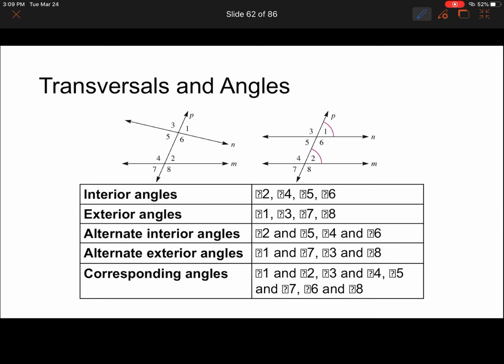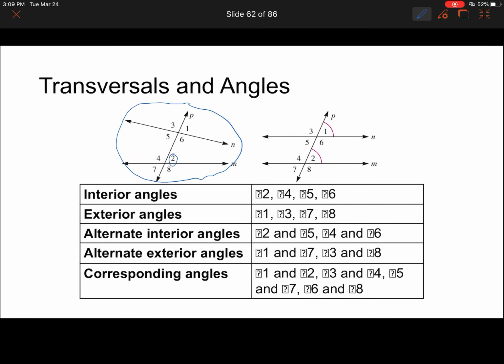And so based off of all of that, that's going to lead us to being able to work with what we call transversals. So a transversal is simply a line that intersects two other lines. And when it does, it makes this type of diagram, this first one, and it splits this region into some different parts.